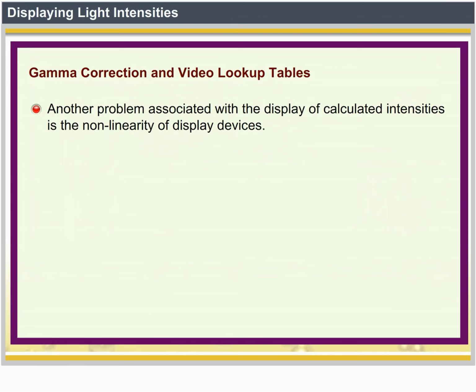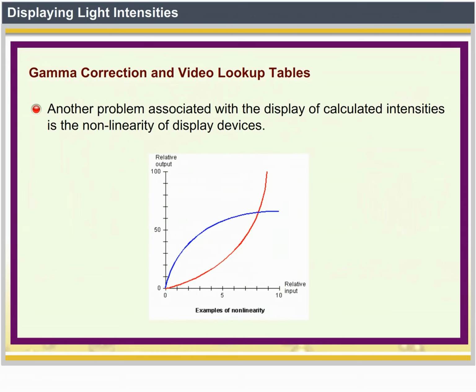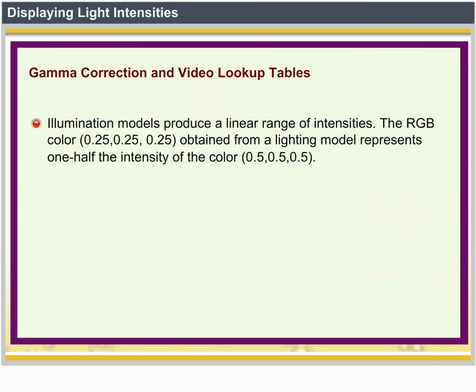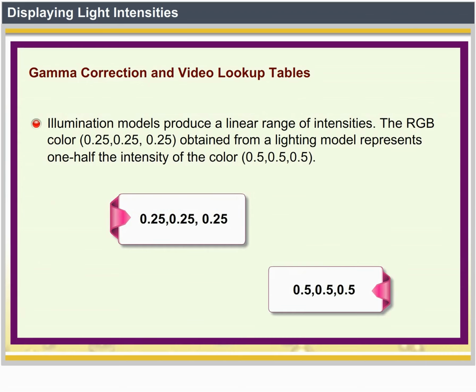Another problem associated with the display of calculated intensities is the non-linearity of display devices. Illumination models produce a linear range of intensities. The RGB color 0.25, 0.25, 0.25 obtained from a lighting model represents one half the intensity of the color 0.5, 0.5, 0.5.